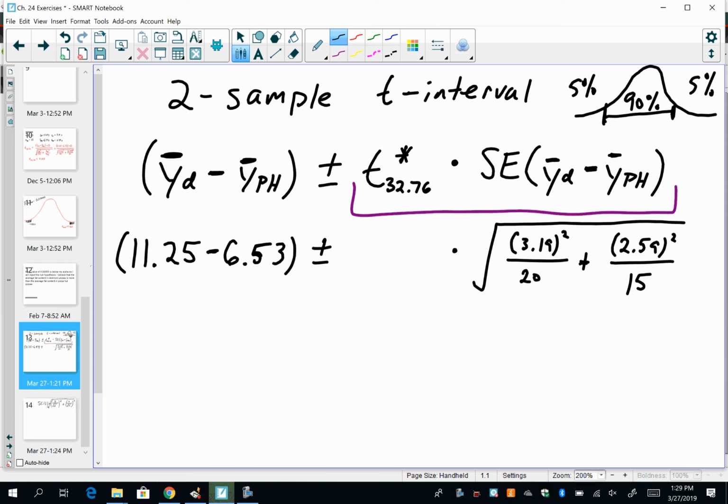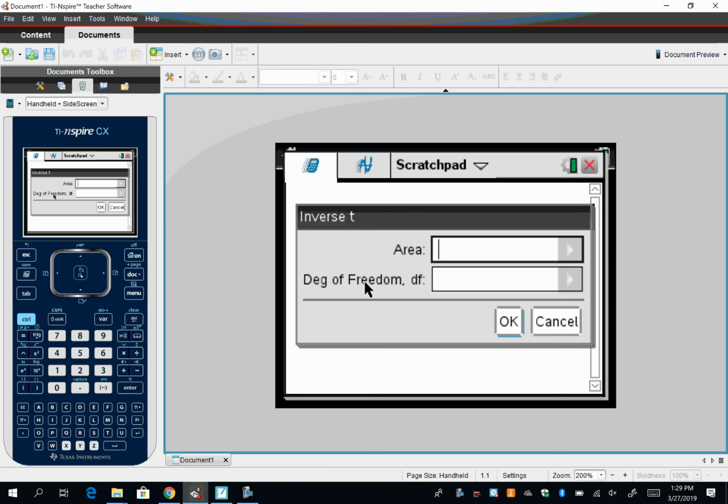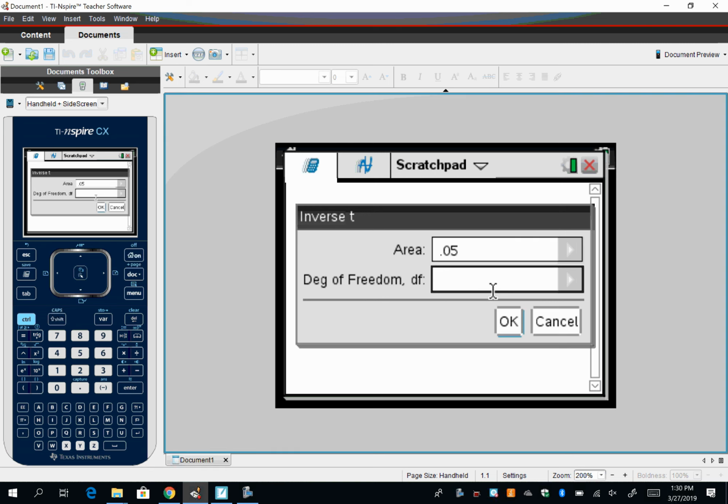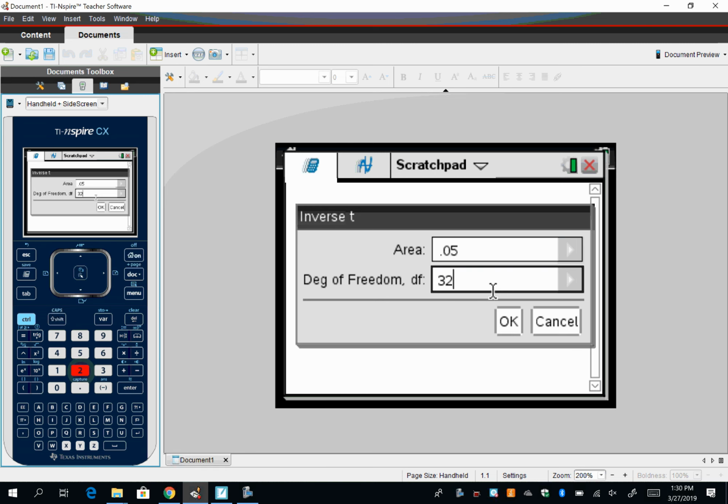I'll say it again. 5% or 95%. Those are the two options here to get the correct t-star. So I'm going to use 0.05. You could also type in 0.95. You'll just get the positive. I'm going to get the negative. Doesn't matter. I'm just going to write down the positive anyway. Degrees of freedom. 32 point, already forgot, 76? Excellent.